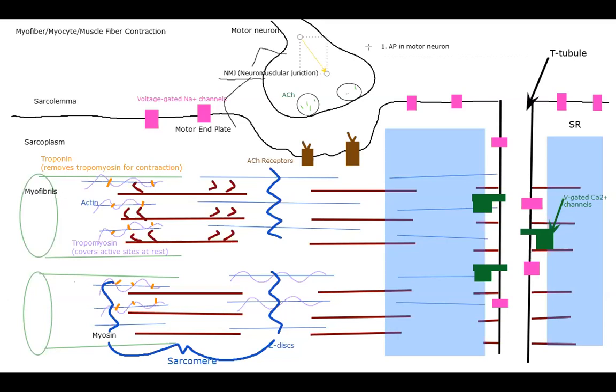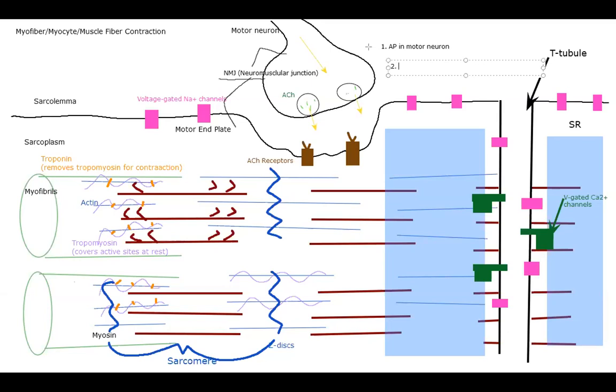This leads to an influx of calcium and ultimately an exocytosis of acetylcholine, right? So all of that is number one. The action potential in the motor neuron releases acetylcholine into the synaptic cleft.